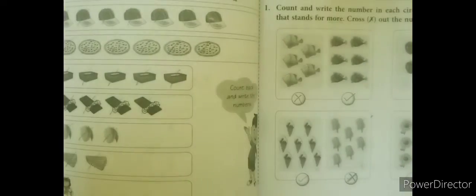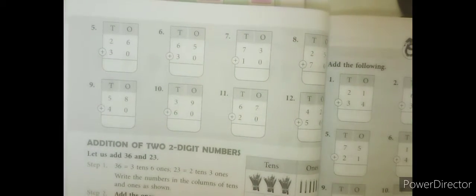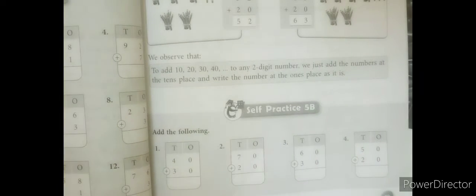Page number 79 also you have to complete in your book. And you have to complete page number 80 in your book. Okay, now you have to complete 5A exercise. Now self practice you have to complete 5B in your book.